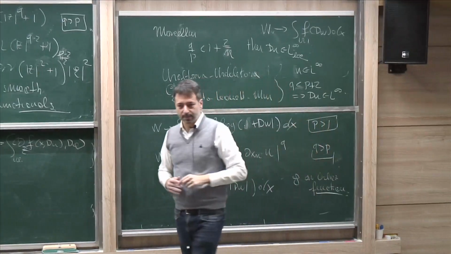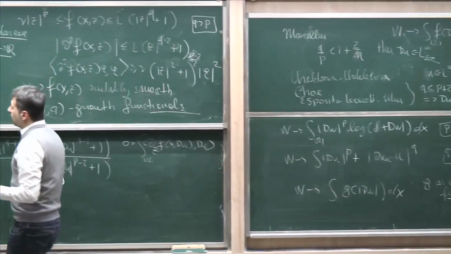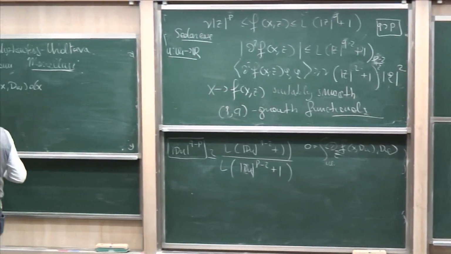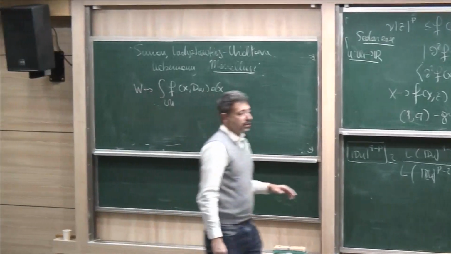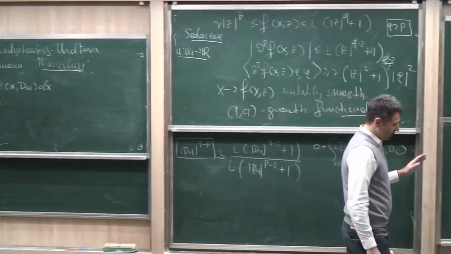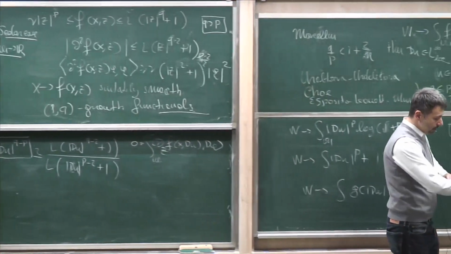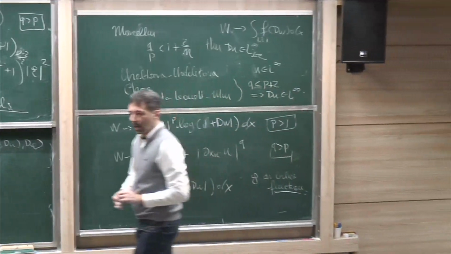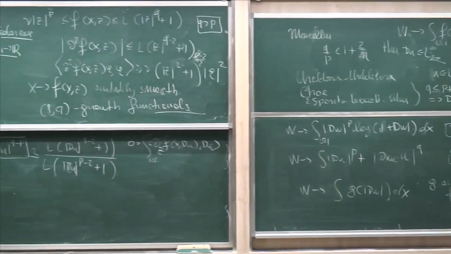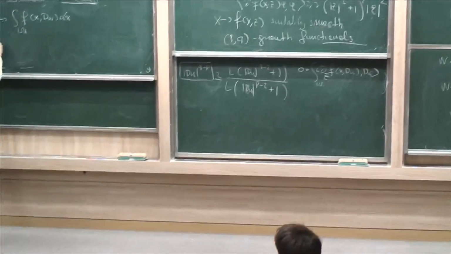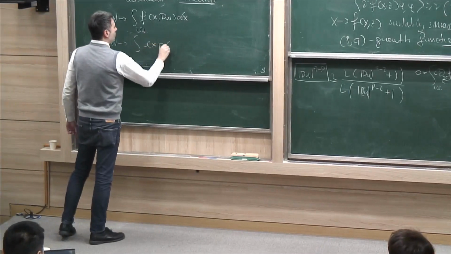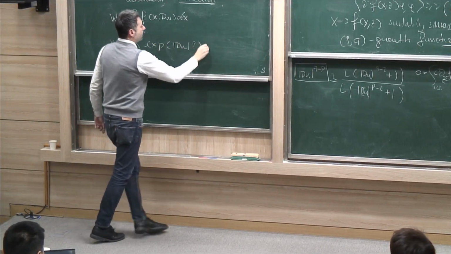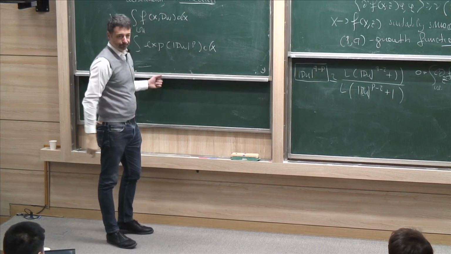That is the philosophical explanation. Now, let me tell you that PQ growth conditions do not catch all the possible functionals. And for instance, there are functionals like this, for which you can still prove that minimizers are regular, but I will not touch this.